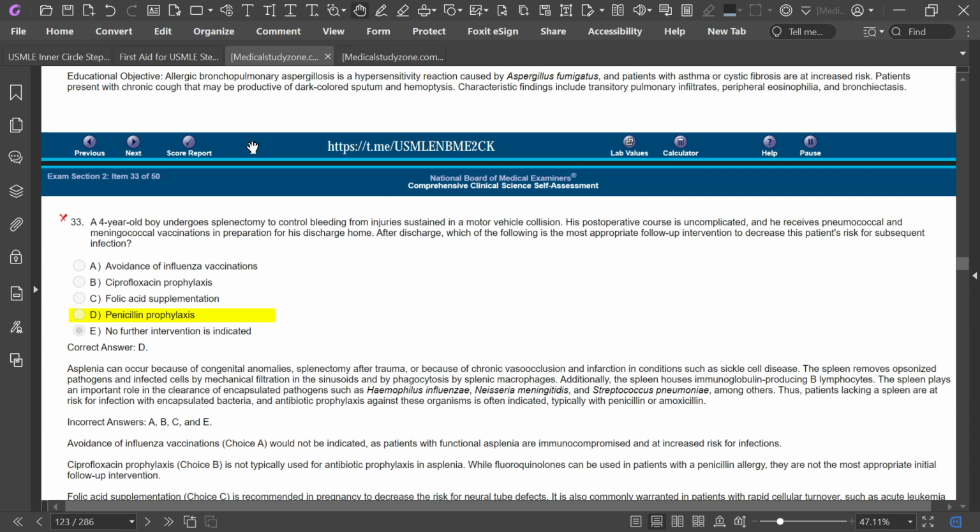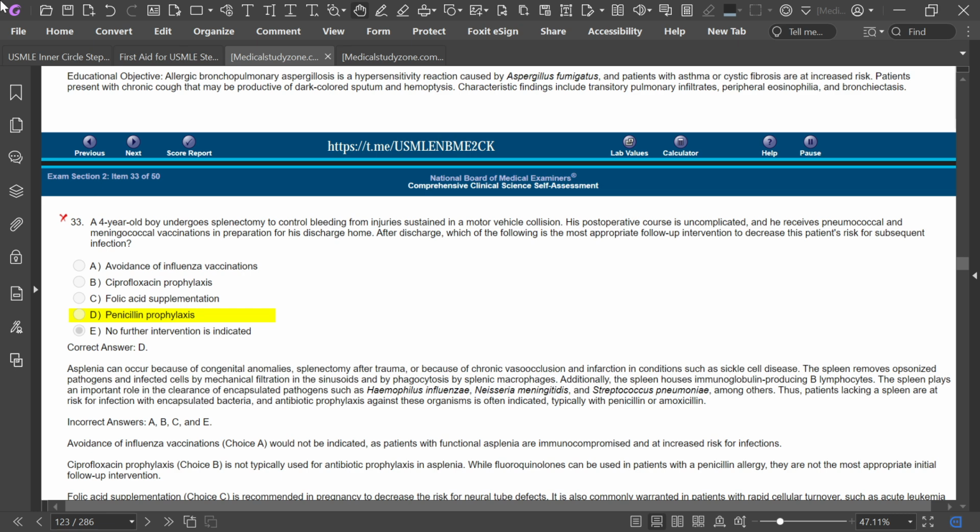Okay, asplenia can occur because of congenital anomalies, splenectomy after trauma, or chronic vaso-occlusion and infarction in conditions like sickle cell disease.